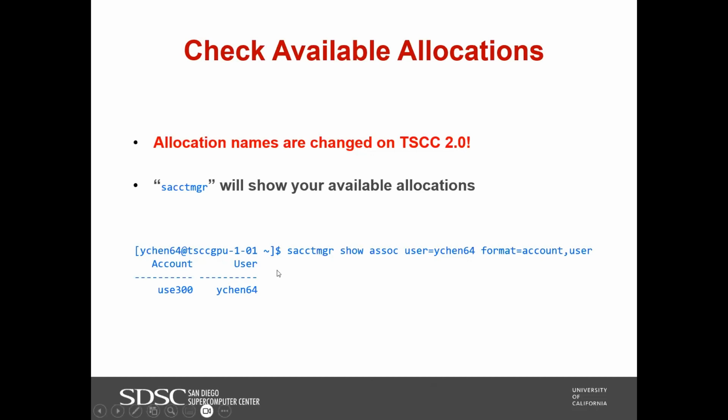The syntax is as account manager show associate, and then you specify your username, and if you don't want the whole list, you can just specify the account and the user to let the command only print your account and the username. Here the account is the allocation name. So in this example, my account has an allocation named use300. That's the way you find your new allocation.